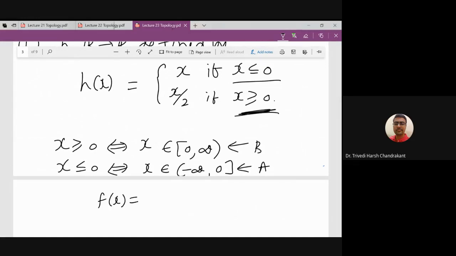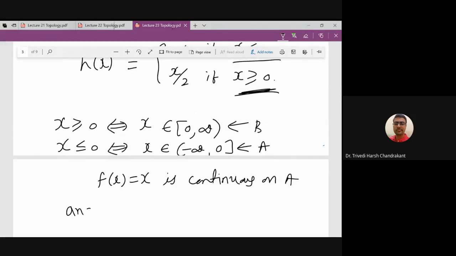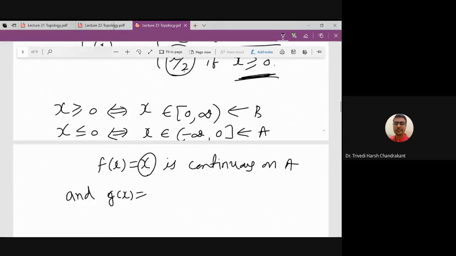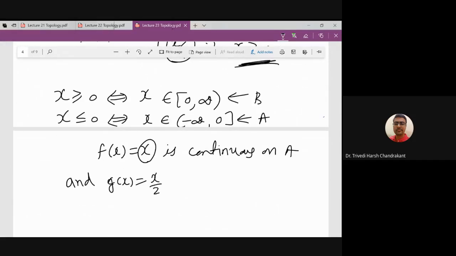Fx is x, which is continuous on A, and Gx is the second function, x by 2, which is continuous on B.